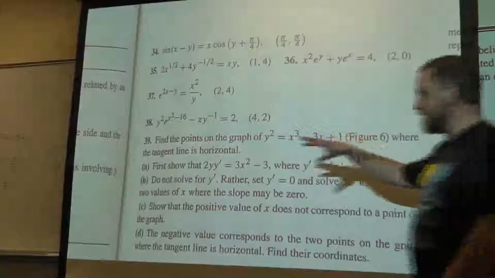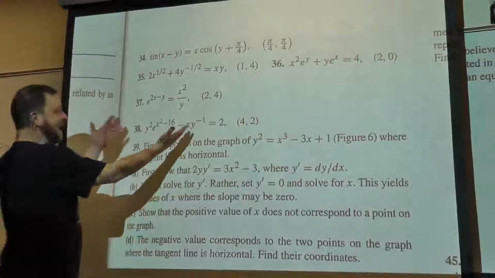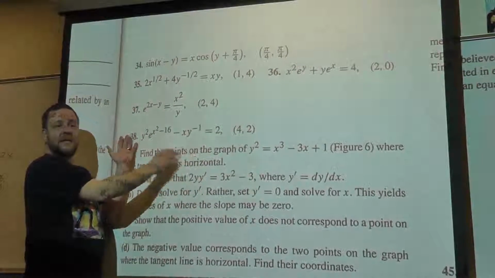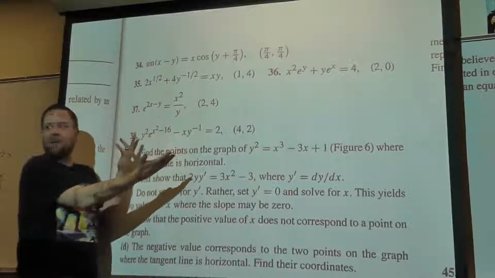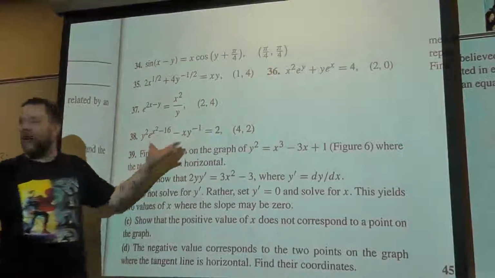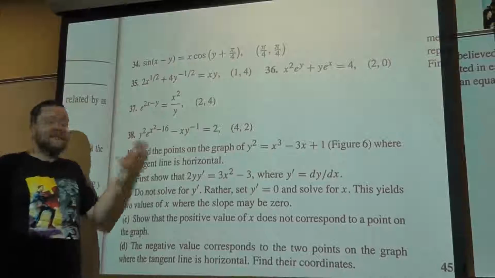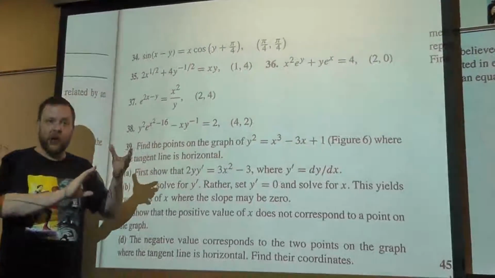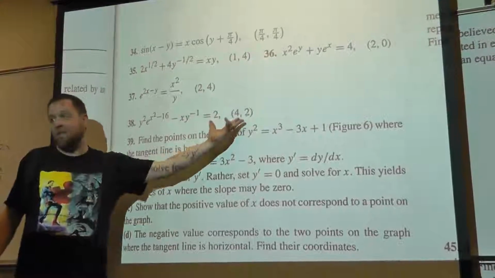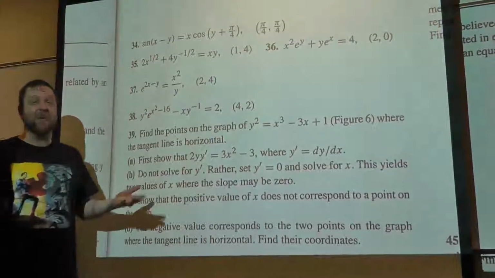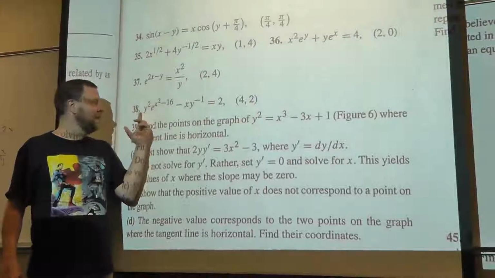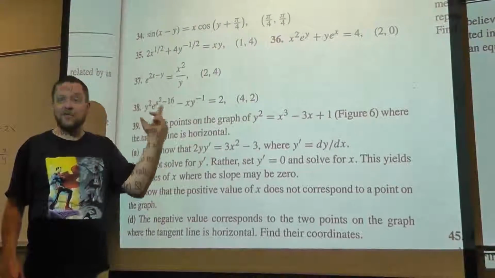So you've got this crazy relation here, and I can graph that on the software if you want to see what this funky graph looks like. But it's not a function. I can't solve for y depending on x because that would be hard to solve for y. But it still produces a graph, and since it has a graph, we can talk about tilt and slope, rise over run, and we have a point on the graph. If I were doing this the Calc 1 way, this is a product, so I'd have to do f prime g plus f g prime.